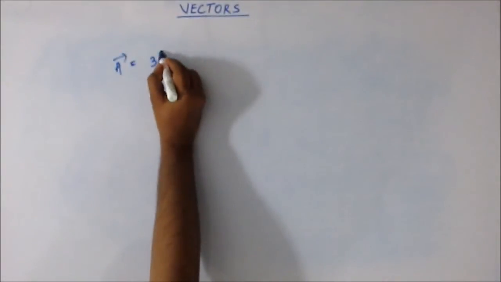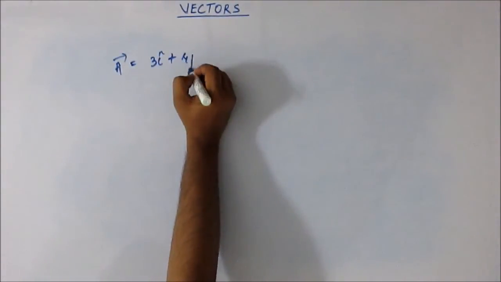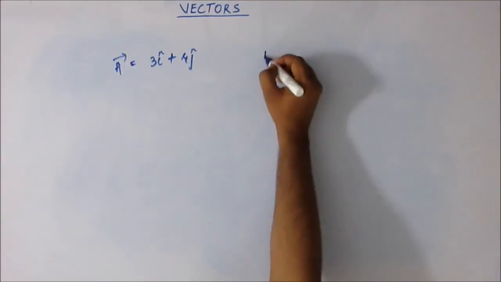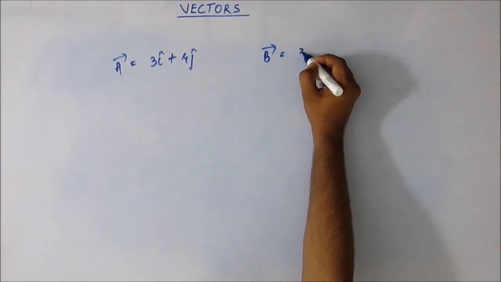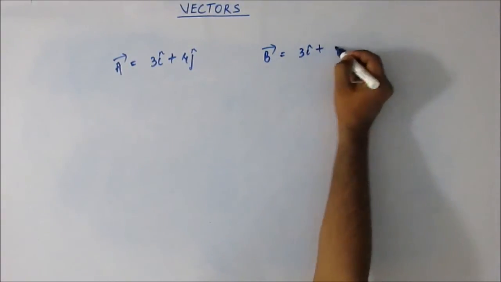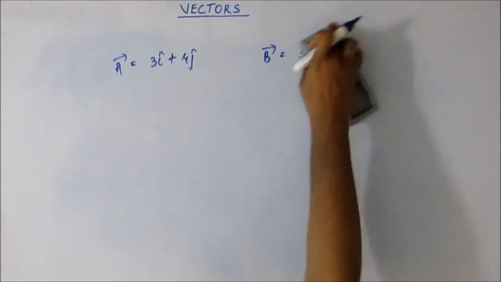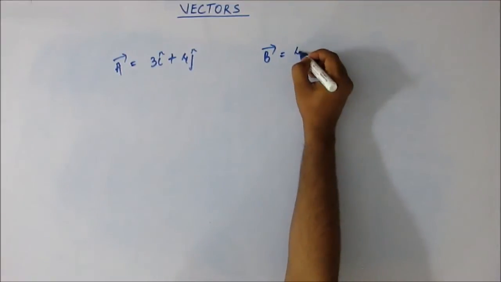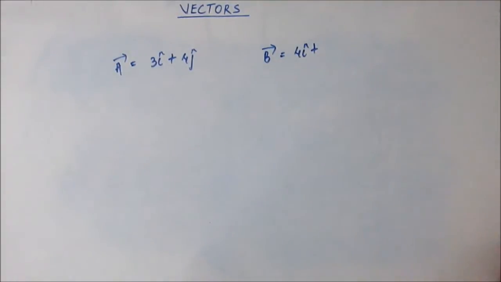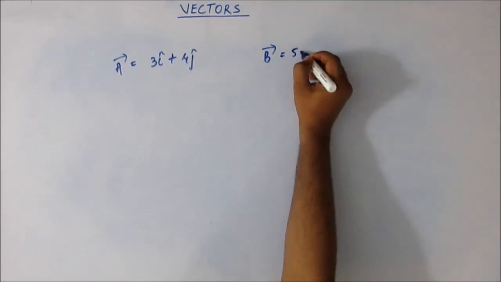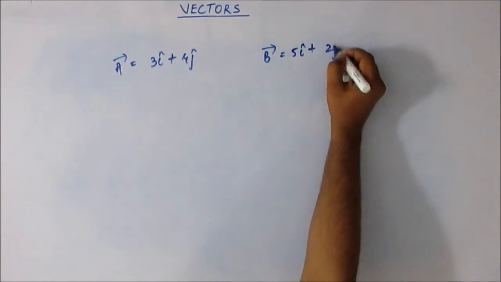So suppose there is a vector A which is 3 i cap plus 4 j cap, and there's another vector B which is, let me make it easy for you, 5 i cap plus 2 j cap.